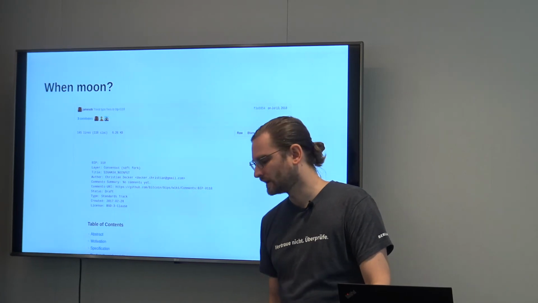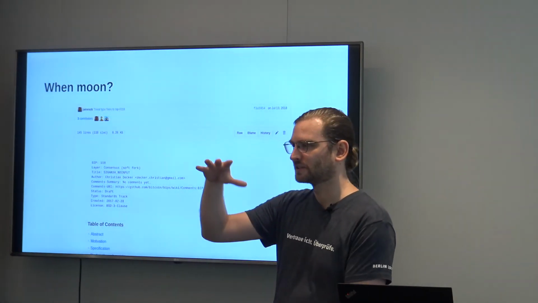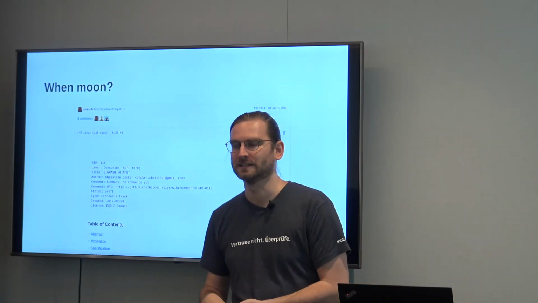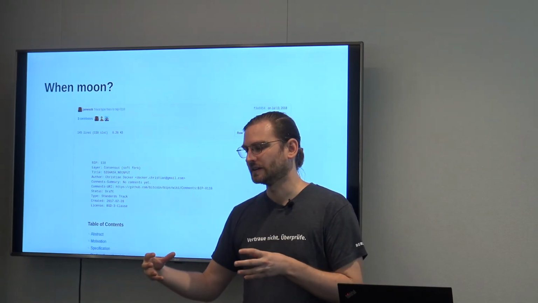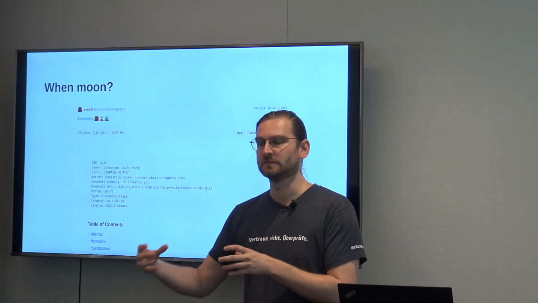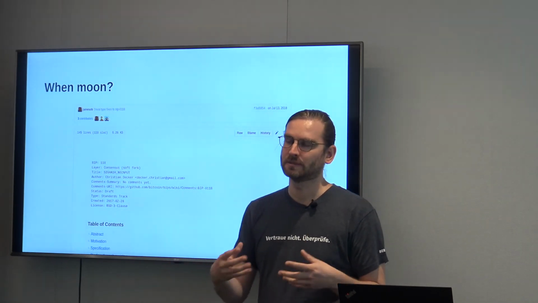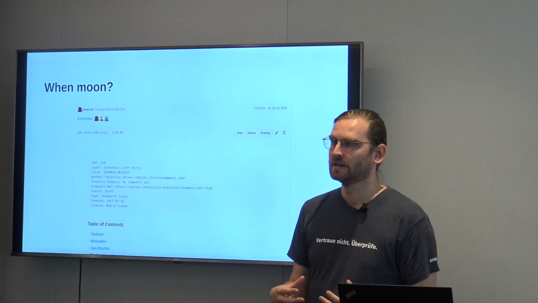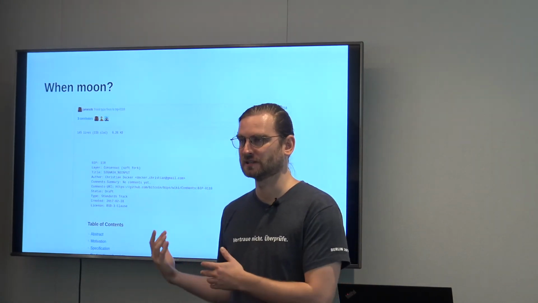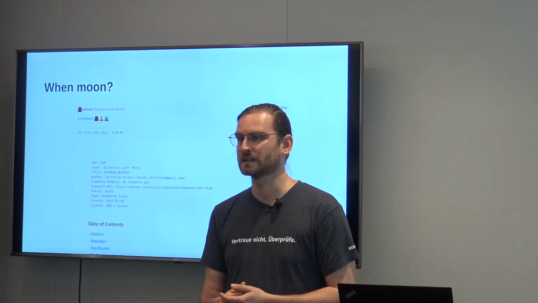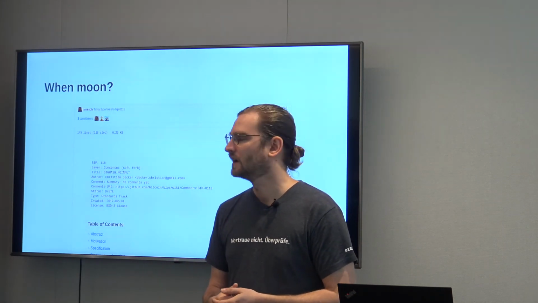So the point of this stacking multicolored cake I showed at the beginning is basically to show that these are distinct layers that we can replace individually. We don't have to break compatibility with the rest of the network. So this is just our update mechanism. If the two of us agree to use Eltoo instead of the Lightning penalty mechanism, we can basically just start using it.